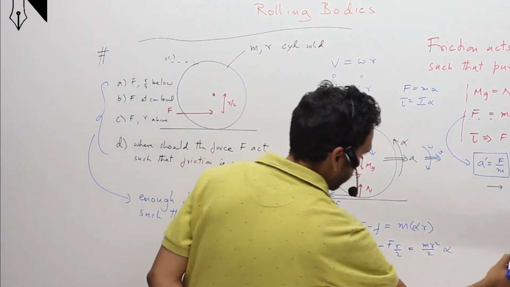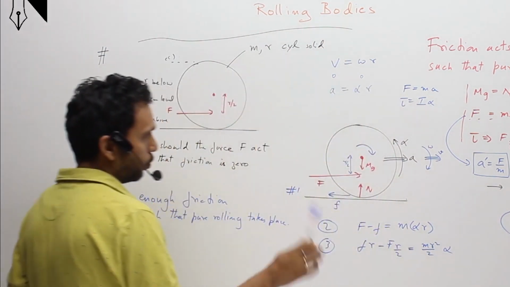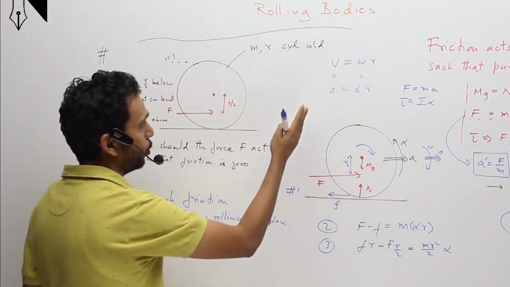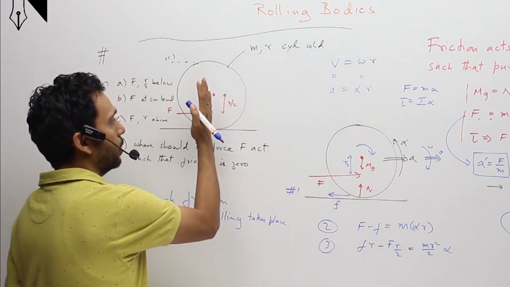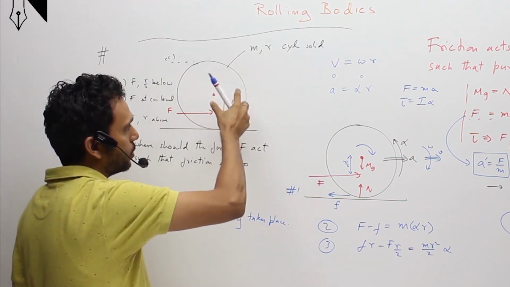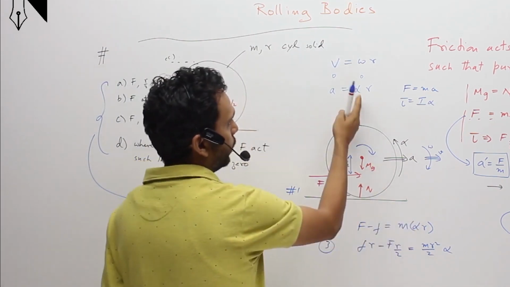That's absolutely wrong. This is not equal to mu N. What's the reason it is not equal to mu N? There was no rubbing happening. We said it is pure rolling. On the onset V was 0, omega was 0, and it starts with an alpha matched with the acceleration.